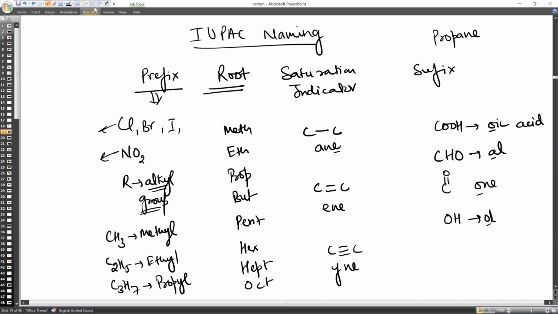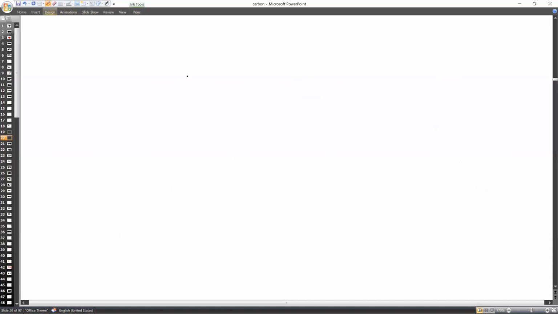Just for practicing, write the IUPAC name of this one. I'm not writing out the hydrocarbon in full. It can be written like this: CH3, then CH. If this carbon has made bonds with three other carbon atoms, only one hydrogen will be there, because a carbon can make a maximum of four bonds.